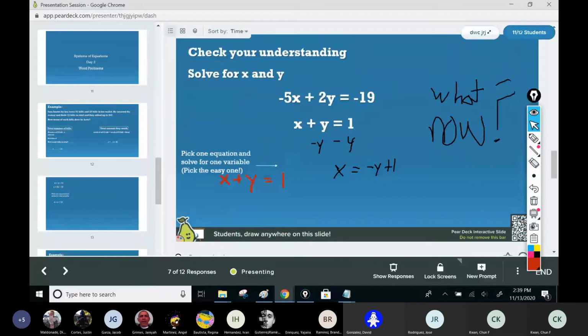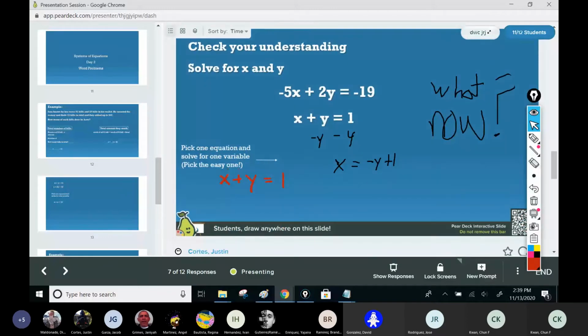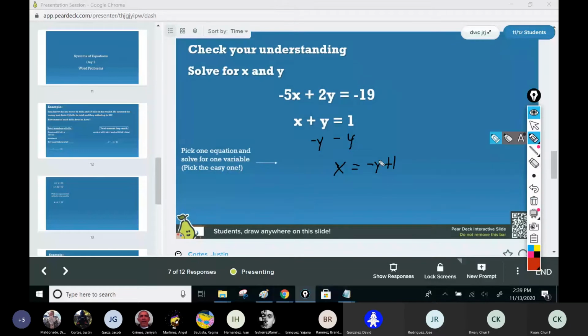You're going to put this into the other equation and replace x.